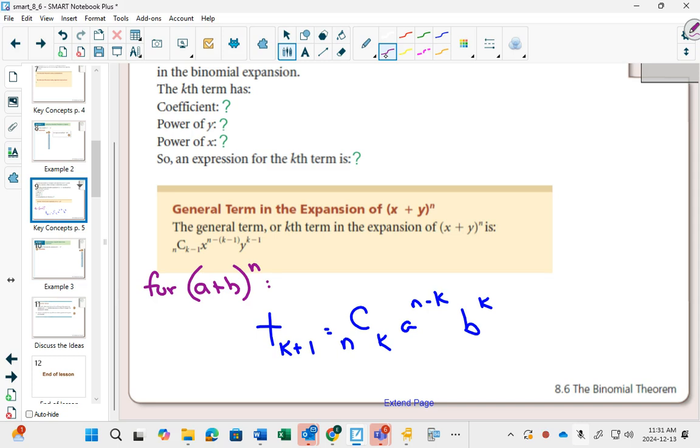The textbook formula is a little bit different, and they use k minus 1, and the formula sheet uses k. I think the formula sheet is a little bit easier to use because you have a lot less minus 1s to deal with.